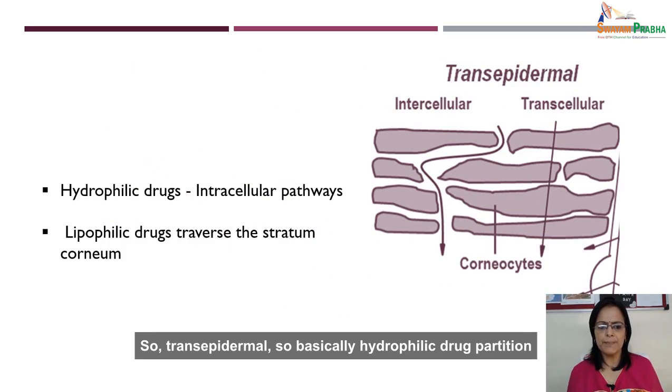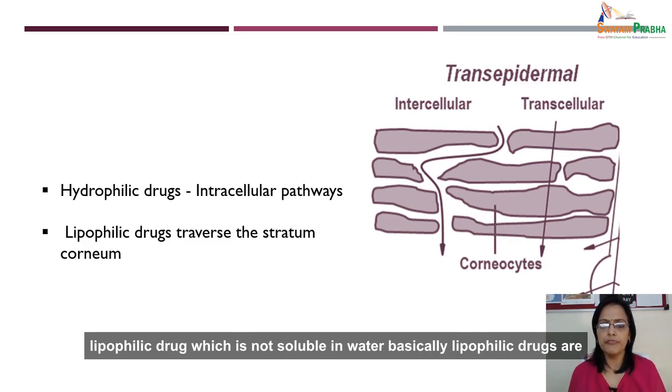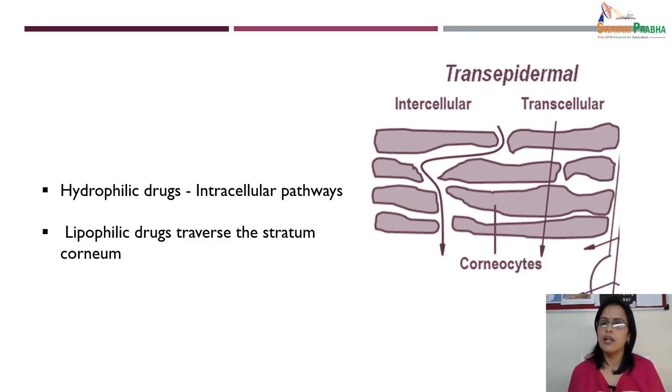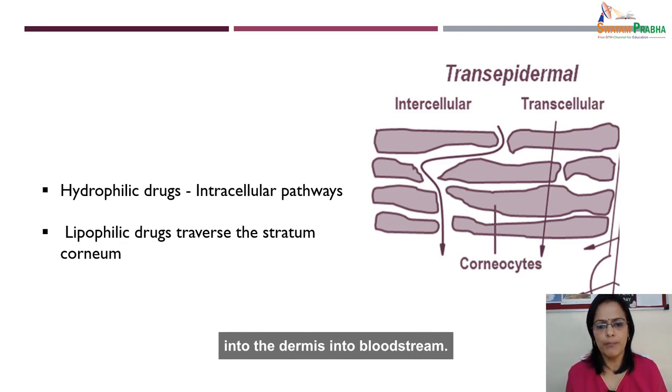Basically, hydrophilic drugs partition into intracellular pathways, whereas lipophilic drugs, which are not soluble in water, have an affinity towards the lipids. So they travel through the stratum corneum via the intercellular route into the dermis and into the bloodstream.